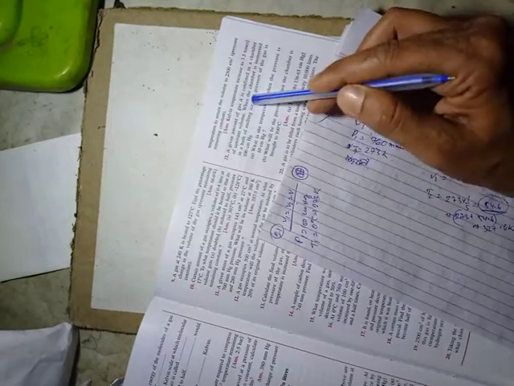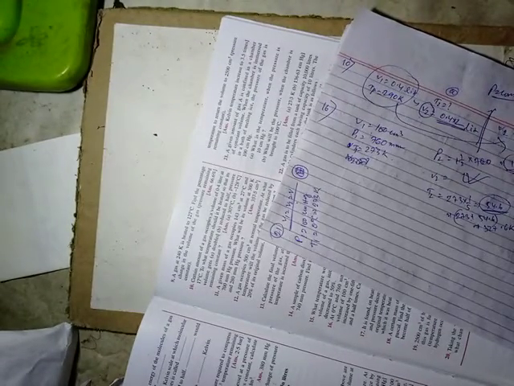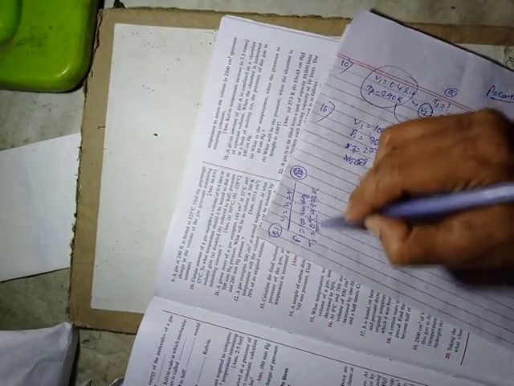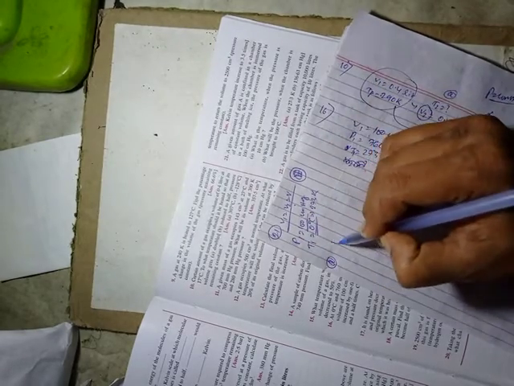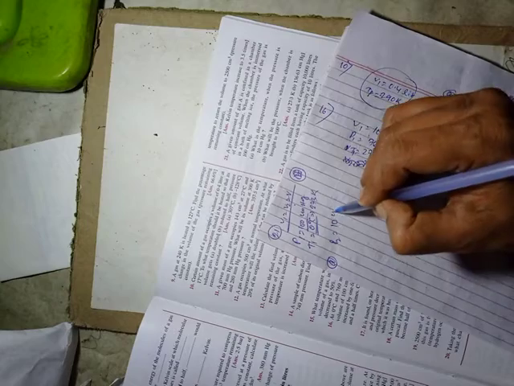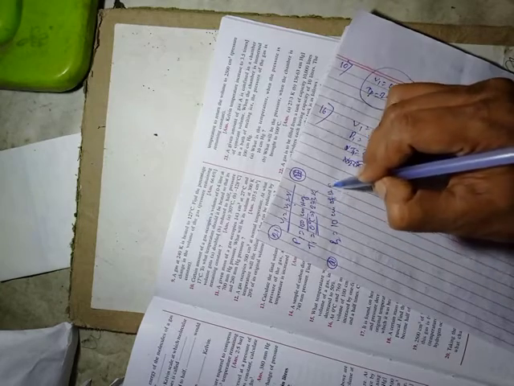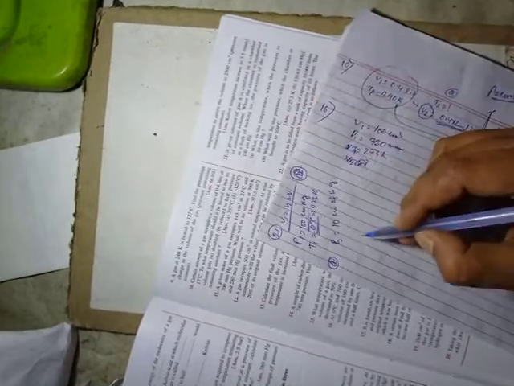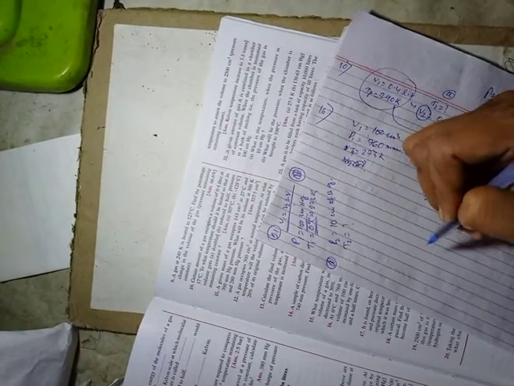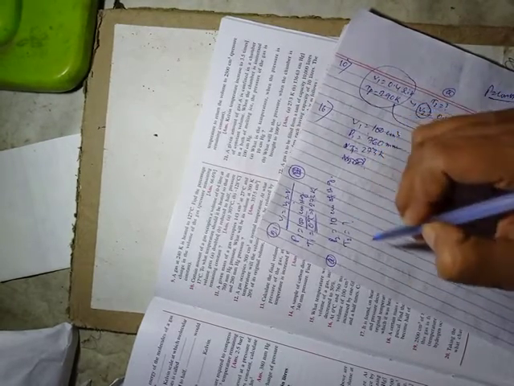Pressure is 100. Part A is saying the pressure will be 10 centimeter of Hg, and the temperature T2 we need to calculate.